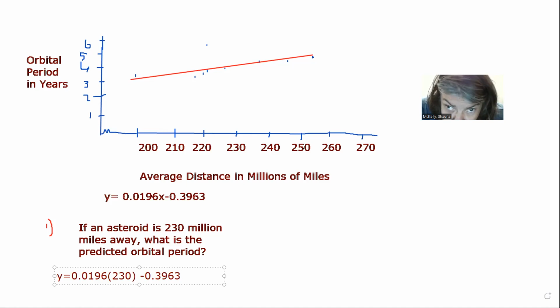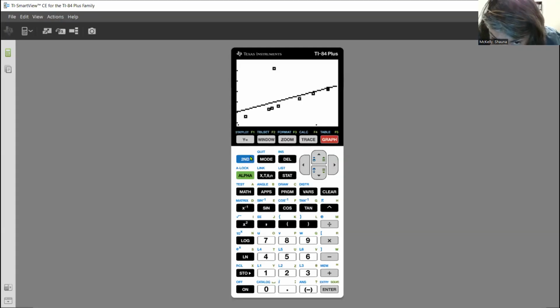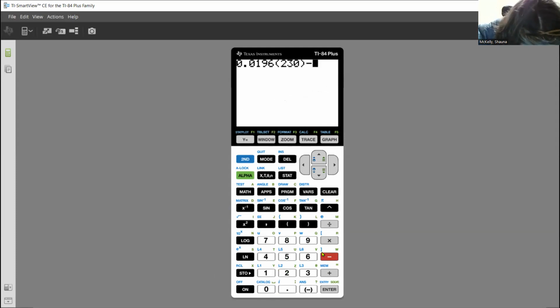So I'm going to go to the calculator and plug in 0.0196 multiplied by 230 minus 0.3963. This is about 4.1117.